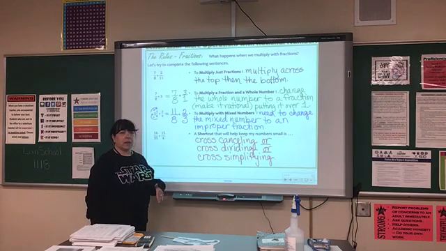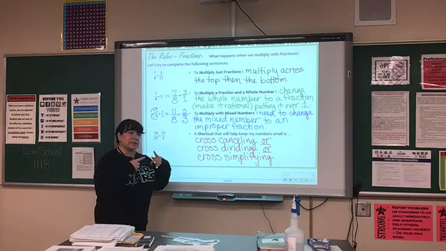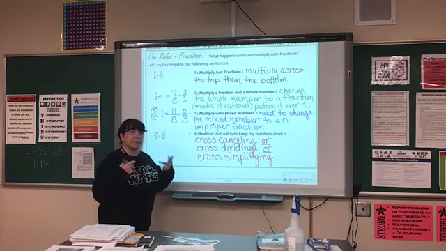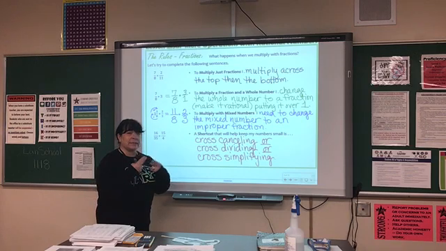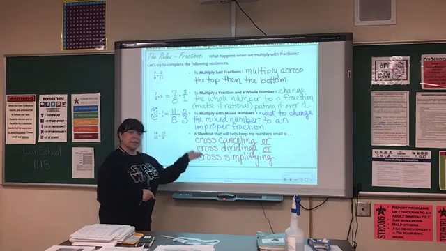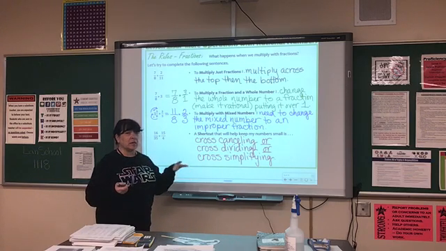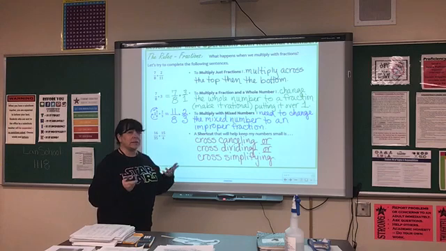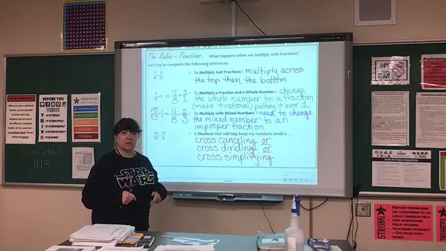Cross canceling seems a little weird, but what you're doing is you're crossing the numbers out and canceling them out and replacing them with something else. Cross dividing, you're dividing two numbers by the same value. You're still going to cross them out and replace them with something else. Cross simplifying, remember, simplifying is finding a common factor, something that divides evenly into two numbers, and then changing them into those two numbers.